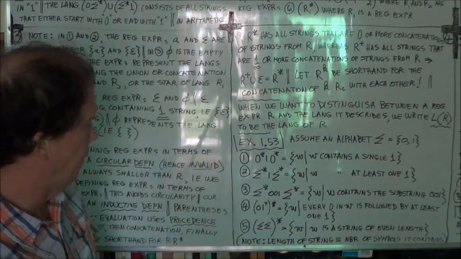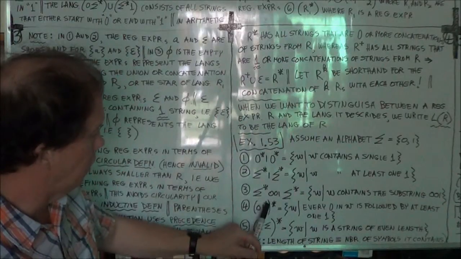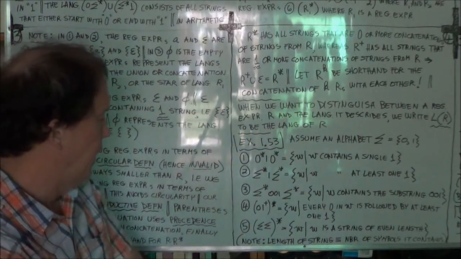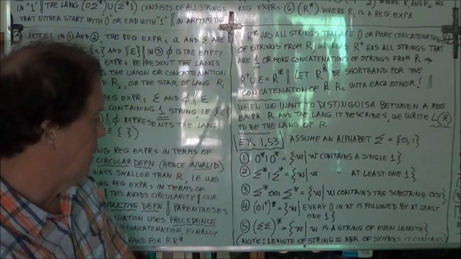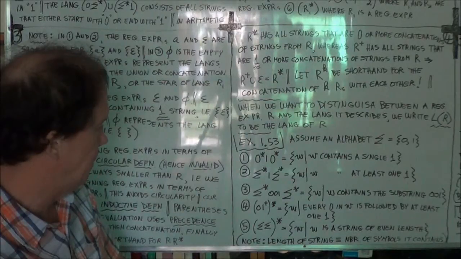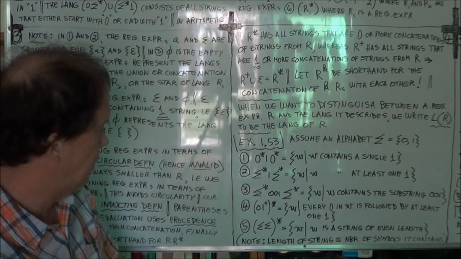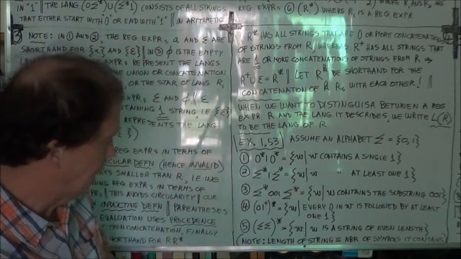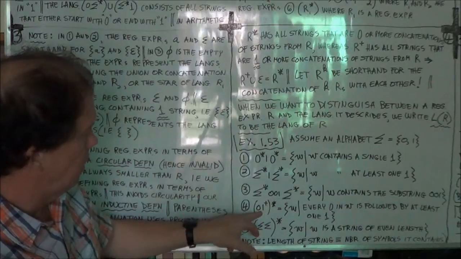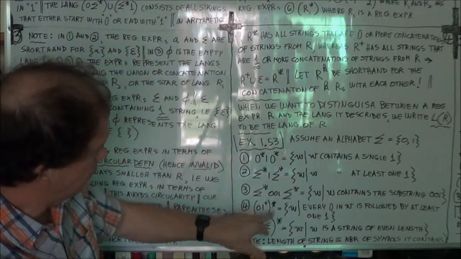How about this one? Now pay attention, you've got a plus here. Now what does this mean? That's not so obvious, right? So 0, well, forget about the star for the moment.